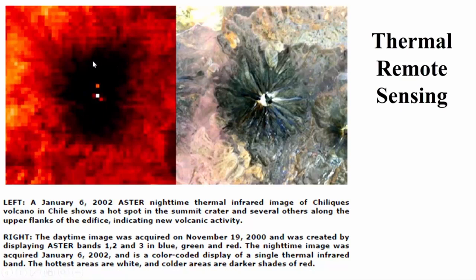But if you see the center of the volcano, the crater, this area shows very high temperature, because very high energy is sensed by the thermal sensor. Very high energy is emitted from this particular location, that energy is sensed by the sensor, and it appears as a very bright pixel. A very bright pixel in a thermal data set shows that very high energy is detected. From this one can say that this volcano is not dead, because the center has very high heat. It means that magma is still there inside the crater.